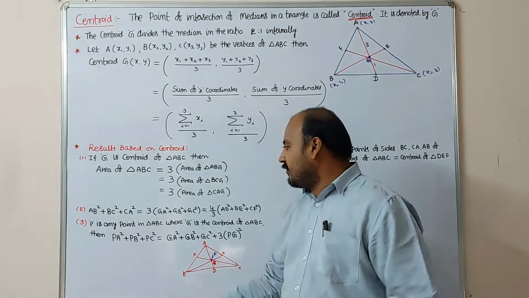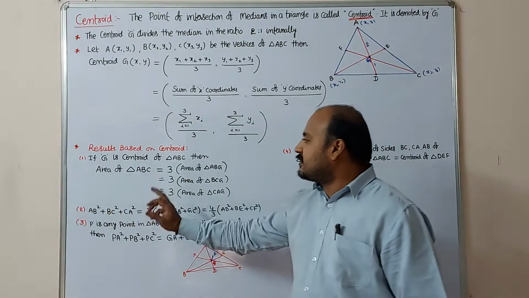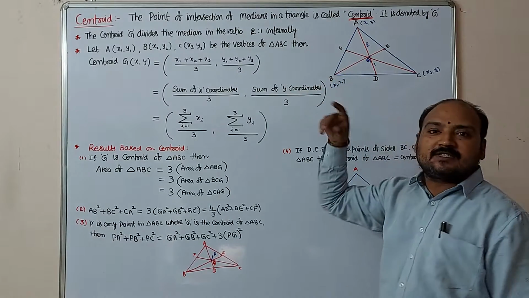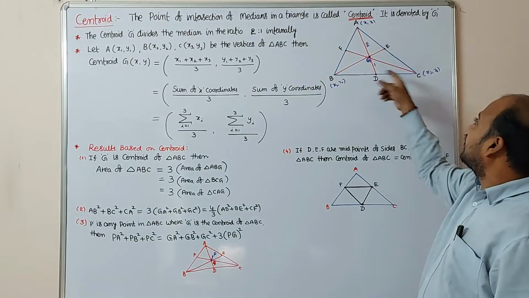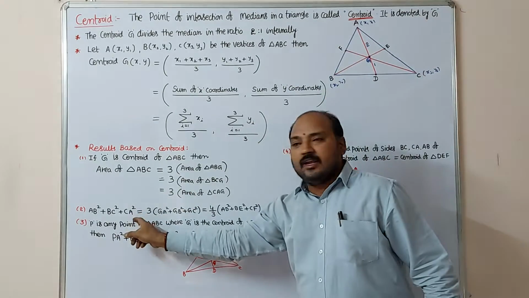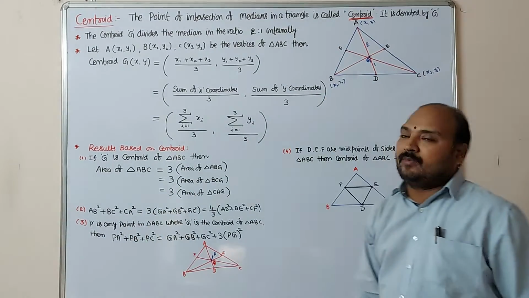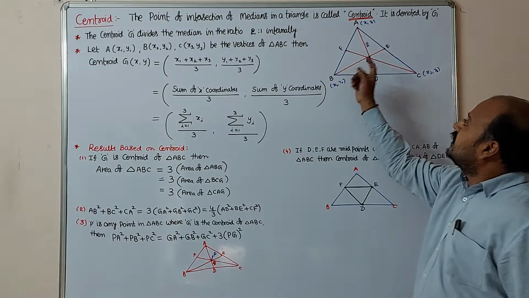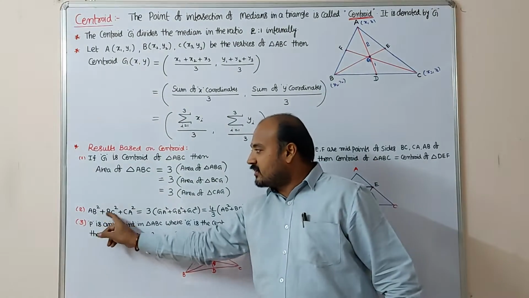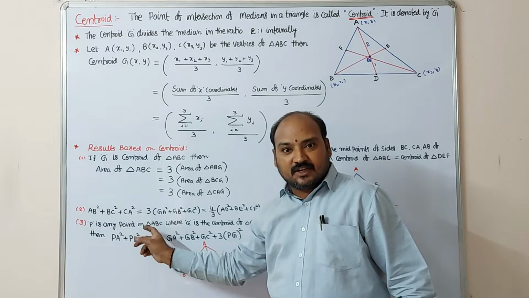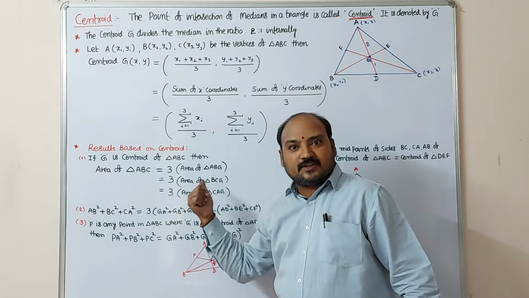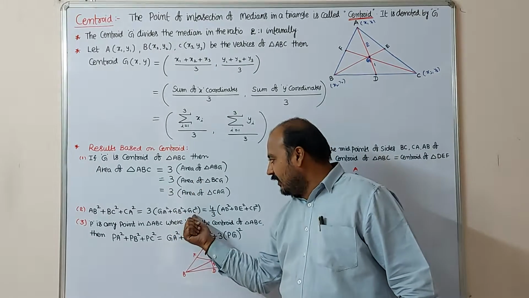Now come to another one. AB square plus BC square plus CA square. What is the meaning? That means the sum of the squares of the sides of the triangle. AB square plus BC square plus CA square is equal to 3 times (GA square plus GB square plus GC square).